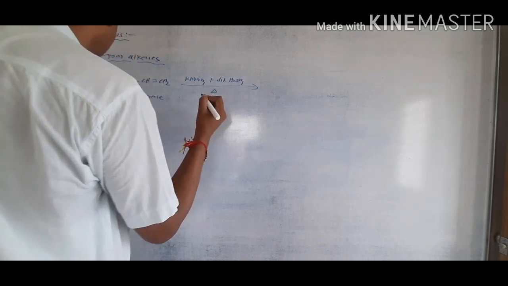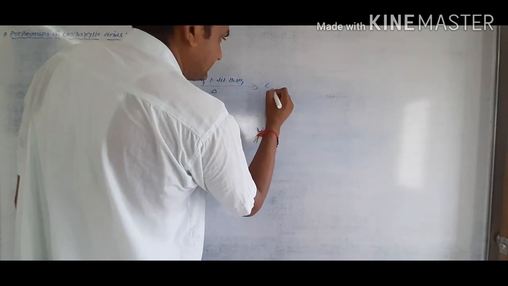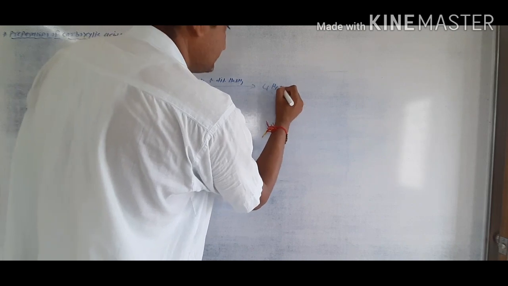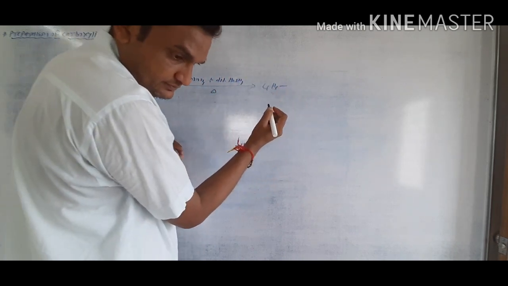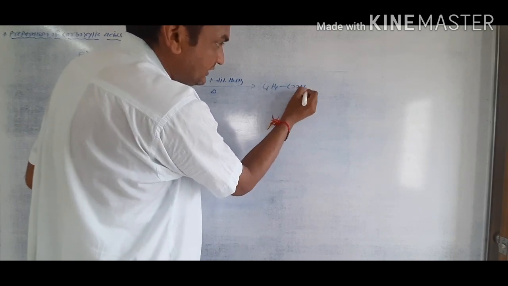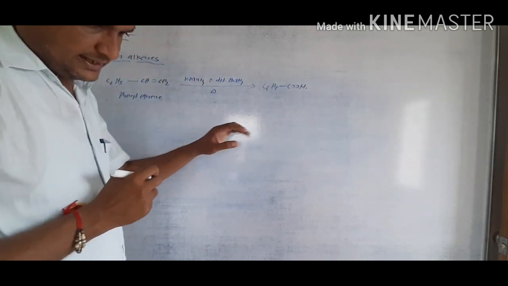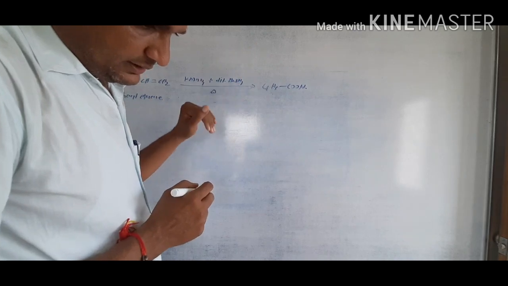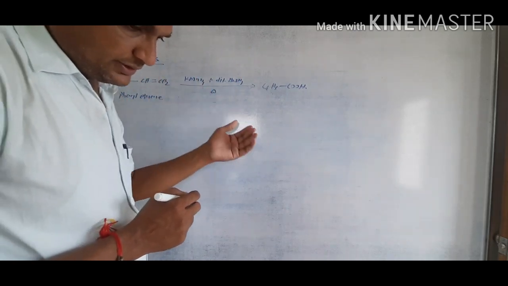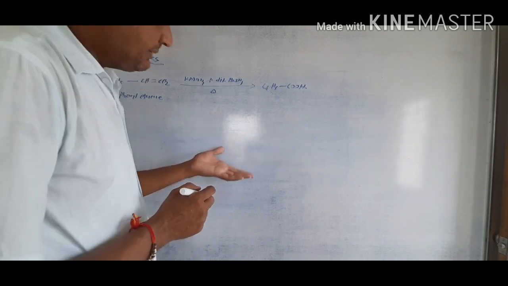They will be heated to give the complex C6H5COOH. This one is the direct product after the double bond reacts with the KMnO4 and dilute H2SO4, which gives the benzoic acid.